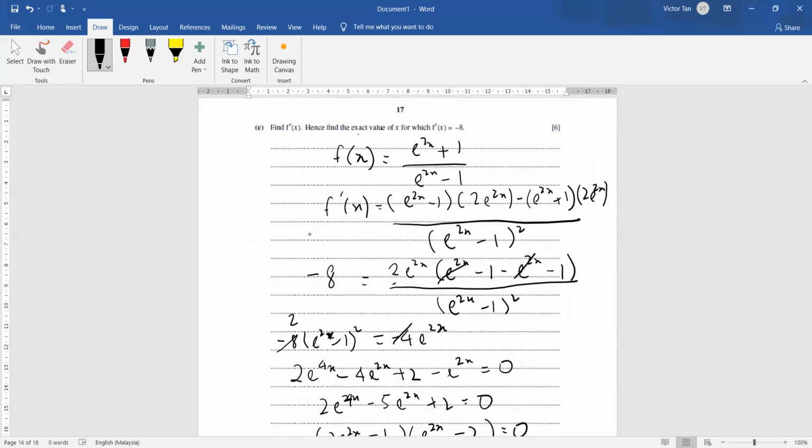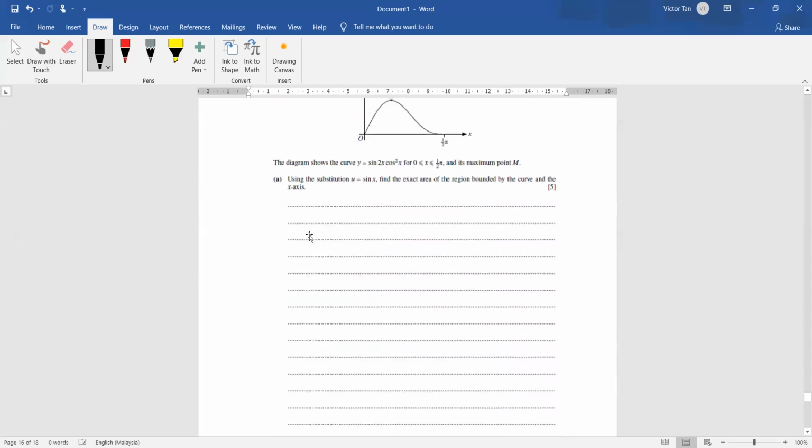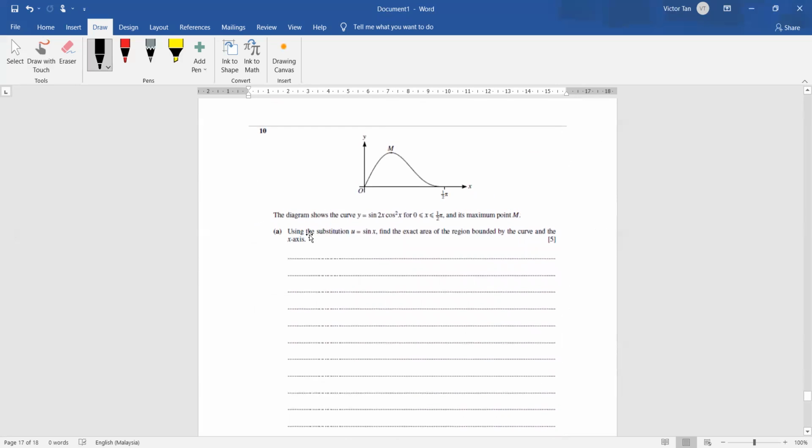Exact value. So the question also will give you a clue. Question 10. The diagram shows the curve y equals to sine 2x cos square x for 0 less than x less than half pi and its maximum point M. Using the substitution u equals sine x, find the exact value of the area of the region bounded by the curve and the x-axis.